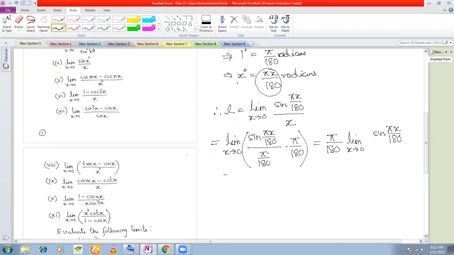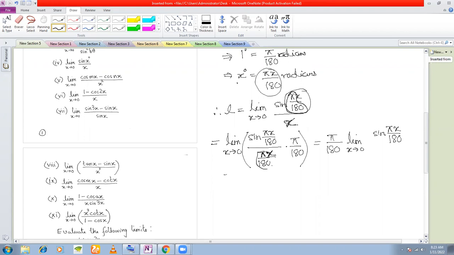You already had an x here, right? Where did this x go? You did not ask. This x will come here only. So that is why now it becomes, see, I had a pi x by 180 here, right? So what I did was pi by 180, this was the constant one. So I divided this by pi by 180. And because I already had an x in the denominator, that became pi x by 180.